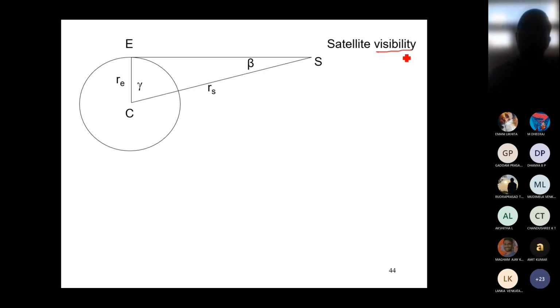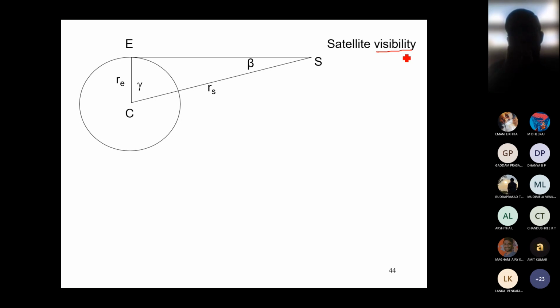When we talk about visibility in layman's language, it is not that we can see the satellite. Being human beings, some satellites, of course, we can see, like natural satellites, but most artificial satellites we cannot see.